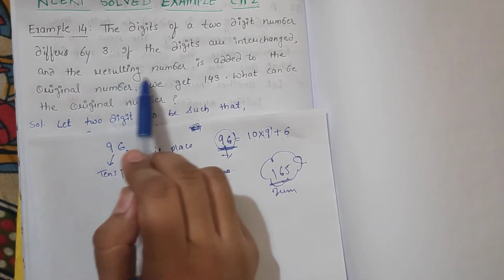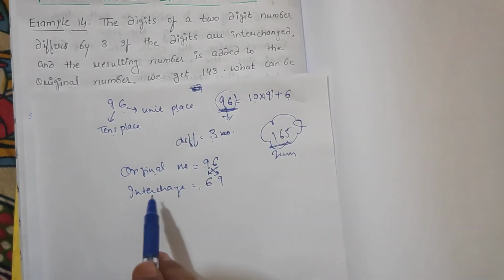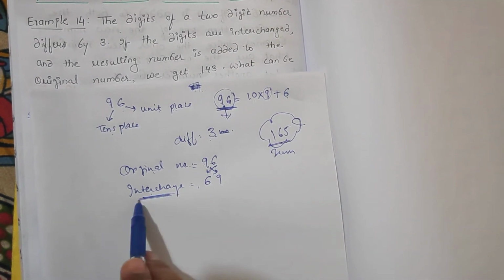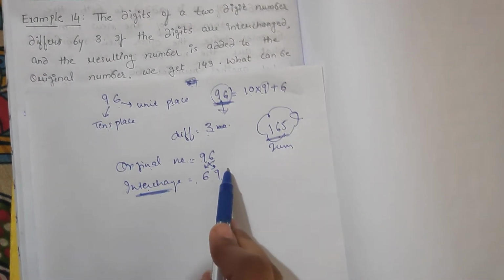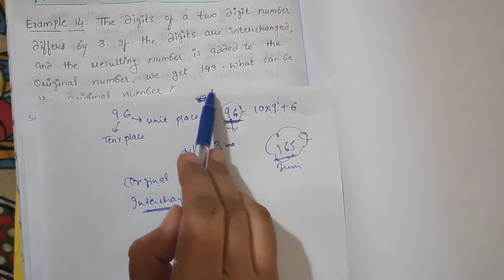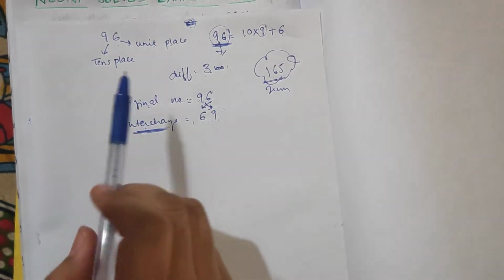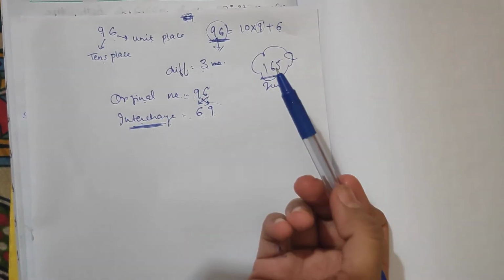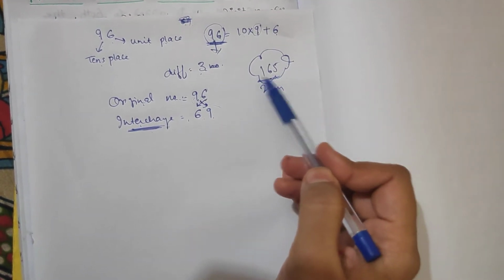Which resulting number are they talking about? They are talking about this number, the one we get after interchanging. When this number is added to the original number, here they get 143, but in the example I have taken, let us consider that the value is 165.